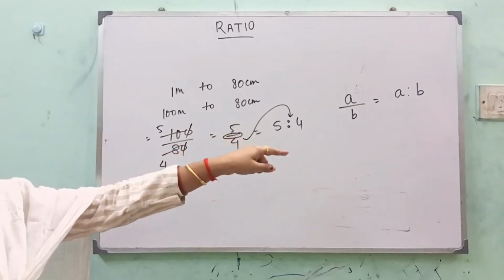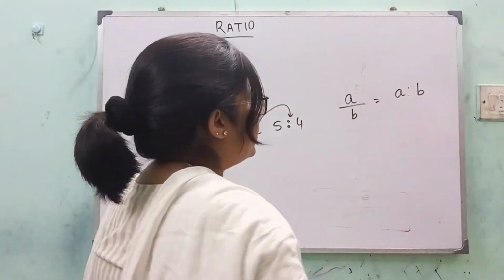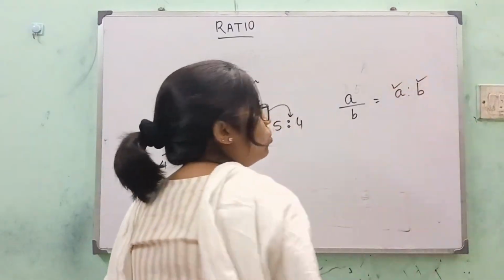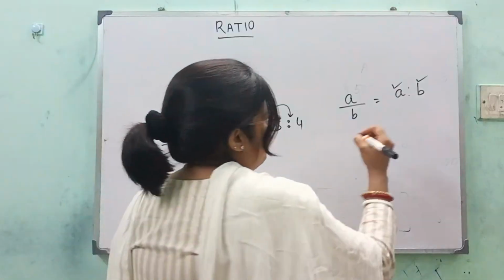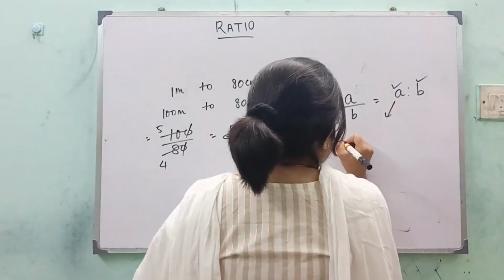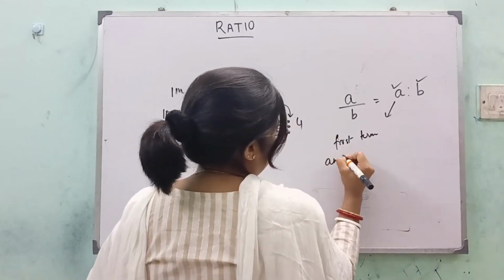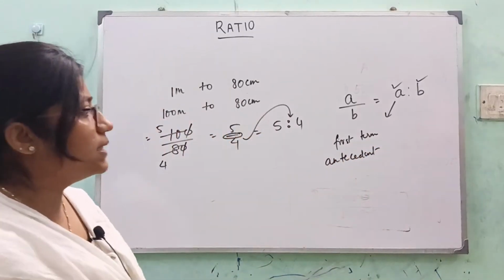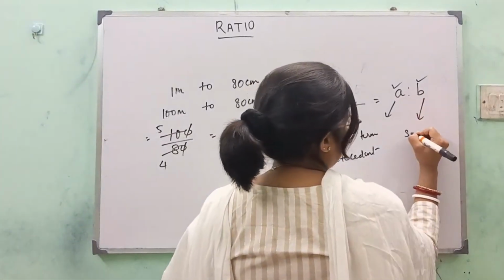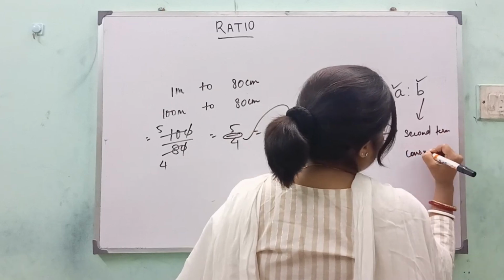A by B you will find out, and then you will represent it in the form of A is to B. Now there are two terms for two quantities to be compared. The first term is also called antecedent, and the second term is called the consequent.